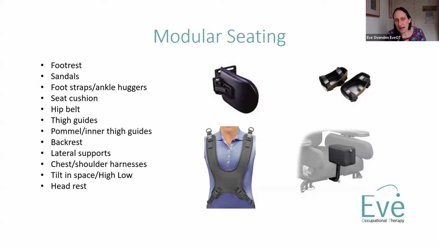There's a variety of different chest and shoulder harnesses, and you should consider the shape of these in particular for young female teens who are developing, and also take into account any medical devices that the child has, like a PEG feed or a baclofen pump, or any drains, so making sure that they're not putting pressure on any areas like that.